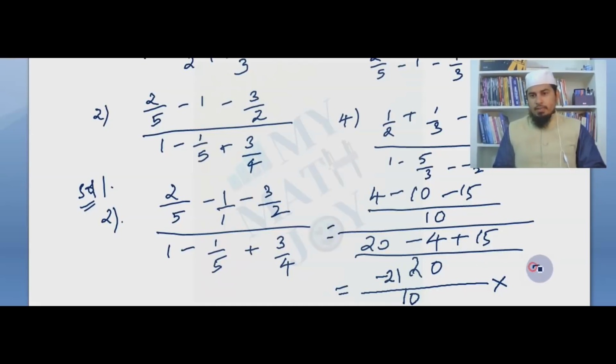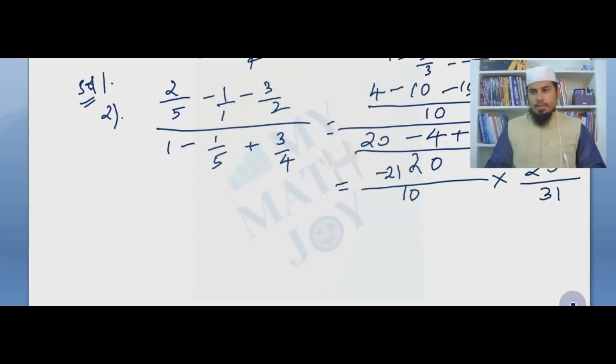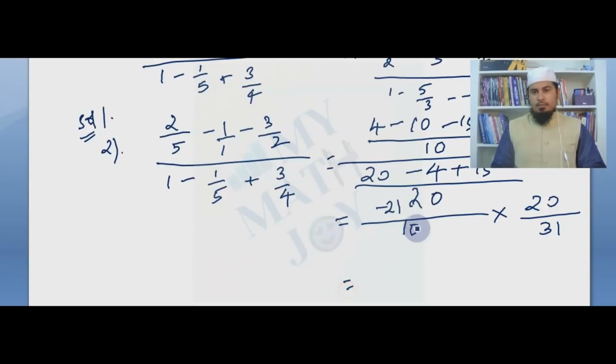So it will become like this, 20 divided by this 20 will come up, and this numerator I simplified. 20 plus 15 is 35, minus 4 is 31, and we can cancel it, write some simplification, this numerator and denominator. I got 2, multiply.